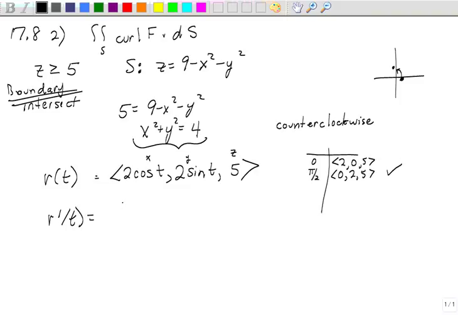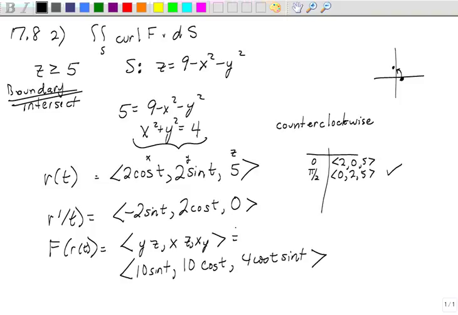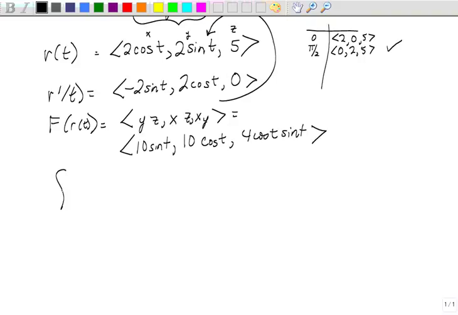r prime of t, the derivative, is this, and then F of r of t is going to be, we're plugging r into F. So the integral around C of F of r of t dotted with r prime of t is going to be 0 to 2 pi.